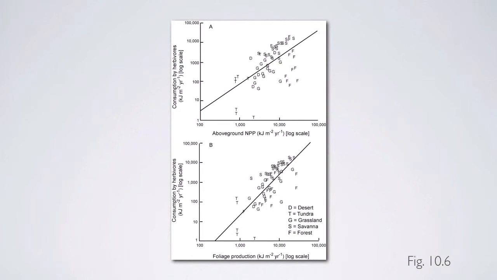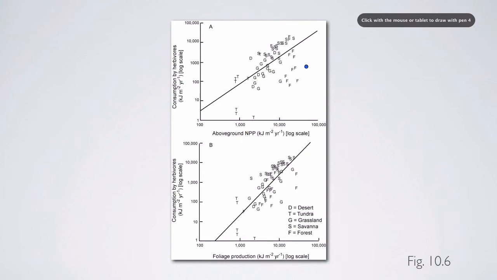So one example here, if we take a look across ecosystems, we can take a look at ANPP, above ground net primary productivity, and this is kilojoules per meter squared per year. And again, divide this by 20 to get to grams per meter squared roughly. We can take a look at ANPP, and we can also just take a look at foliage production.